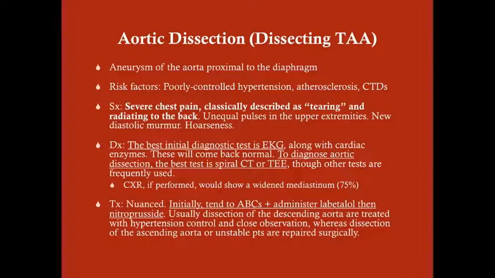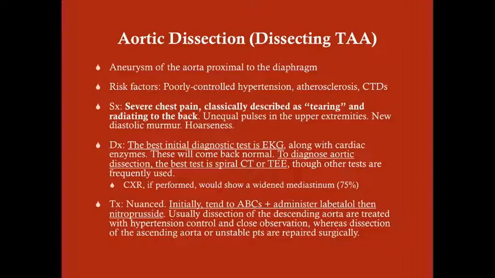The best test to get to diagnose aortic dissection is either a spiral CT with contrast or a transesophageal echocardiogram. I saw two different sources. Some say spiral CT is the best, some say transesophageal echocardiogram is the best, so I don't expect you'll be asked to choose between the two, but just know it's one of those.